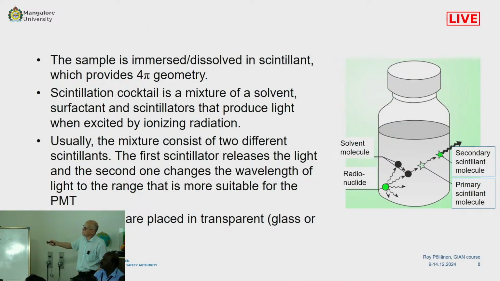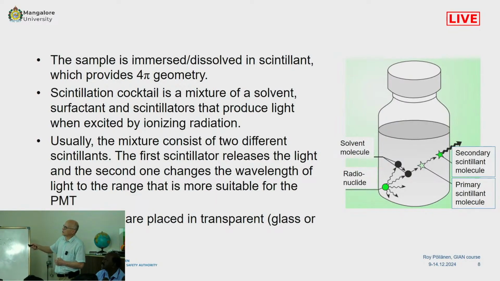So, the point is that the sample is put into the scintillant material, and this is a good thing because it provides almost 4π geometry. So the efficiency is quite good for low energy photons or betas or alphas, because high energy gammas certainly escape from these small vials.